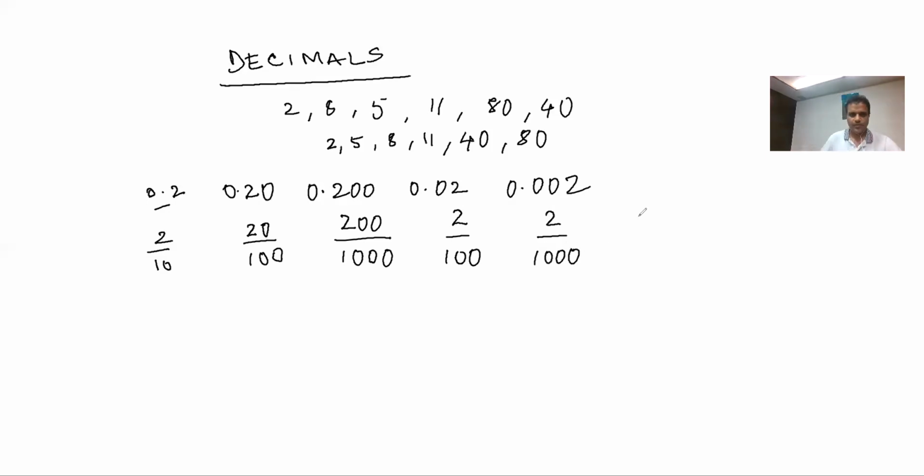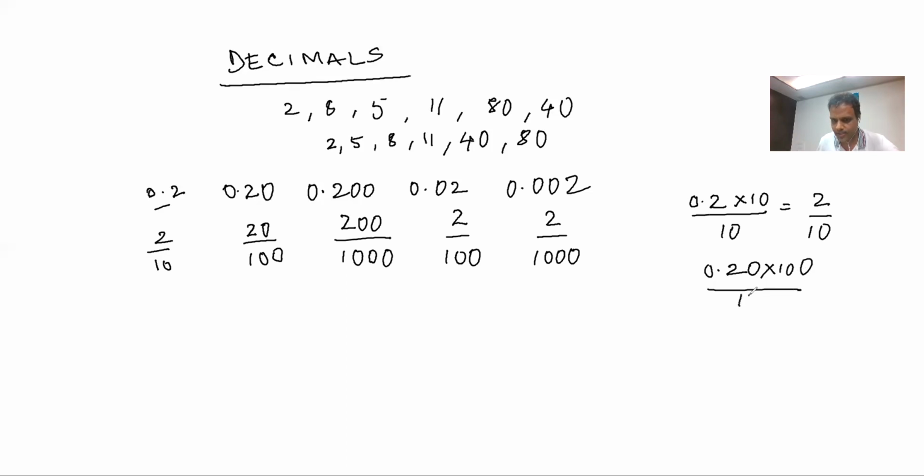Let me explain how. Let's take the number 0.2. How do we convert it into a fraction? We multiply 10 in the numerator and 10 in the denominator. The numerator becomes 2, the denominator remains 10. This is how we get 2 upon 10. The next one, 0.20. To remove the decimal, I multiply 100 in the numerator and 100 in the denominator.